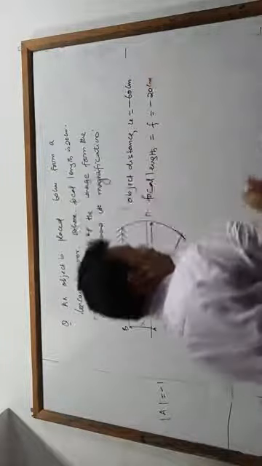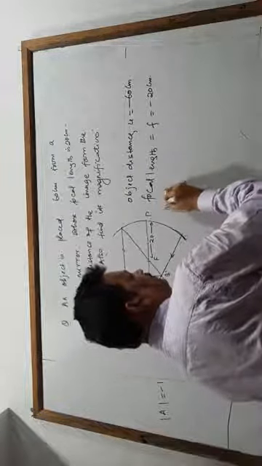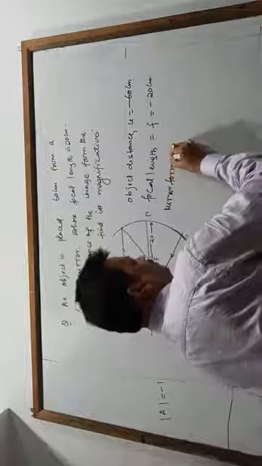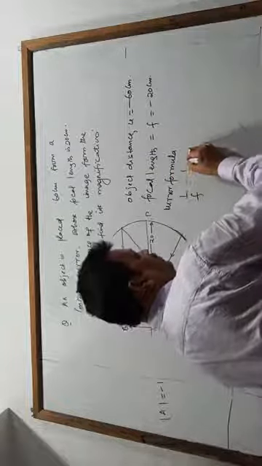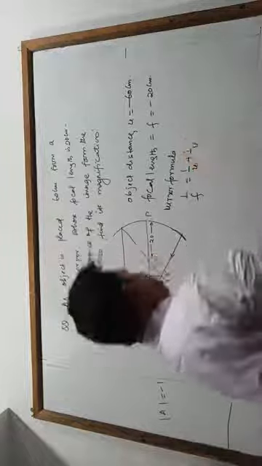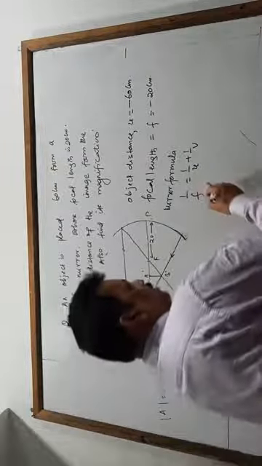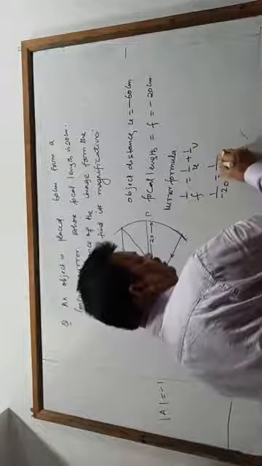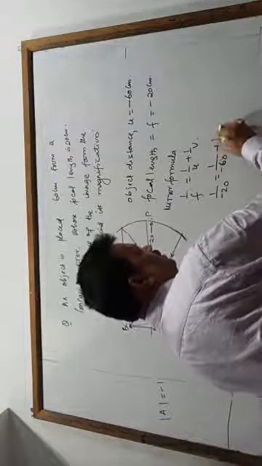So let us see the formula, the mirror formula: 1 by f equals 1 by u plus 1 by v. Put the values: 1 by minus 20 equals minus 1 by 60 plus 1 by v.